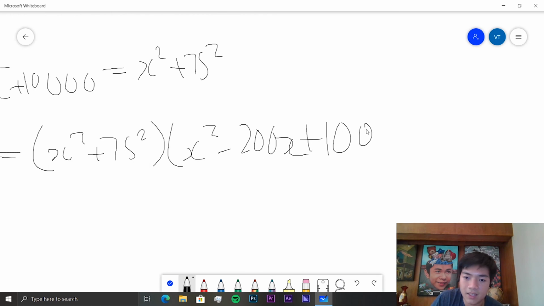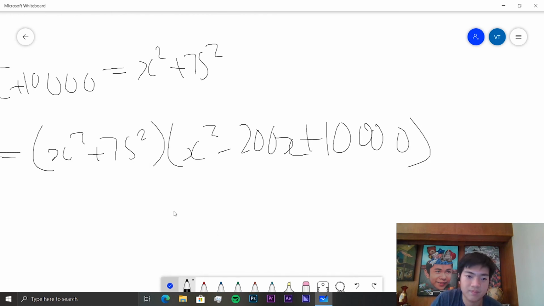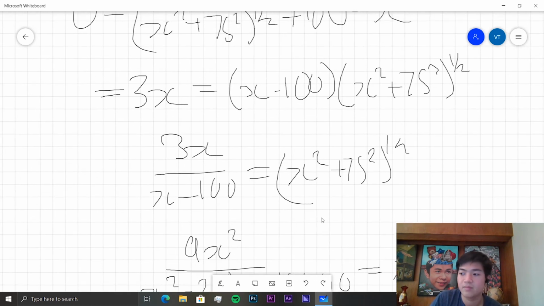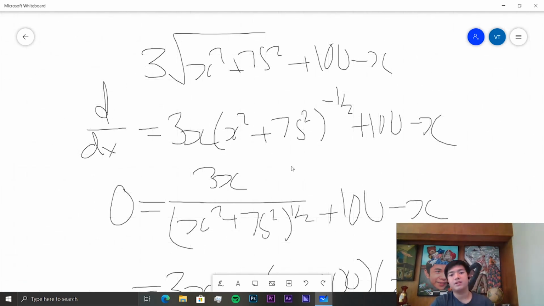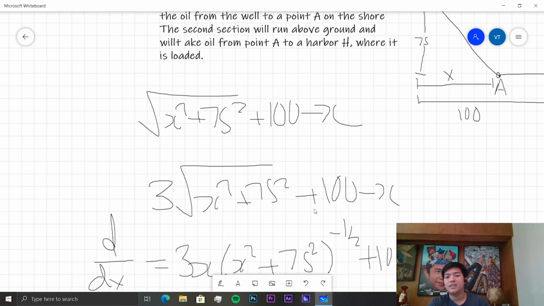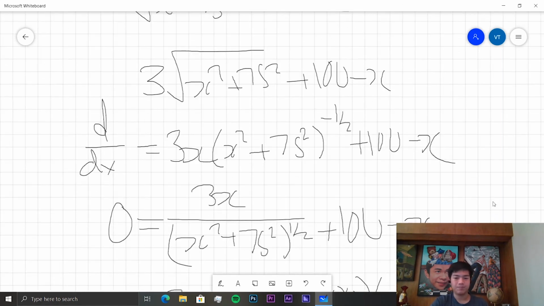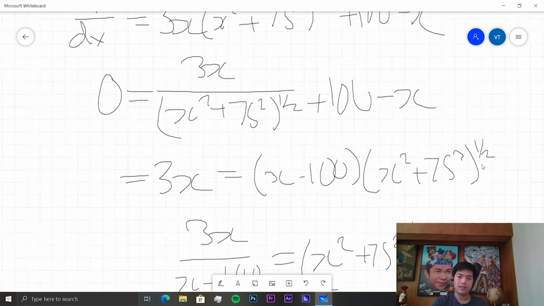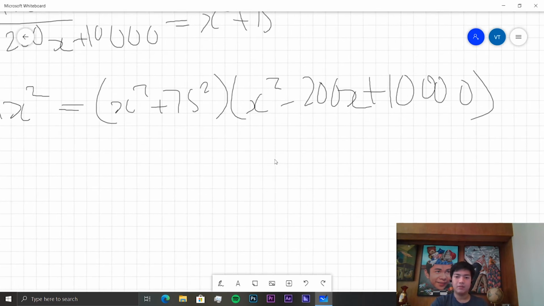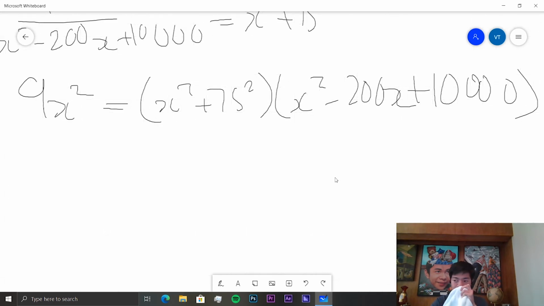Am I overcomplicating this? Probably. Is there a simpler way we could have done this? 3 times 100 minus x, 3 times the cost. I don't think there's a way to simplify that. So anyways, we need to find the minimum of this function.